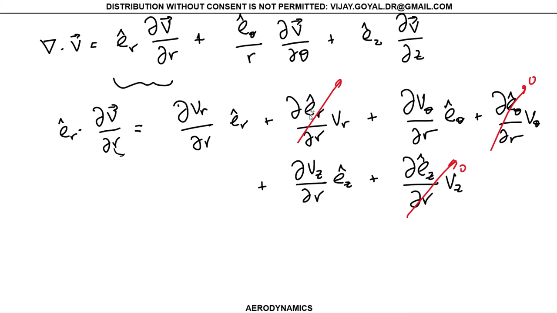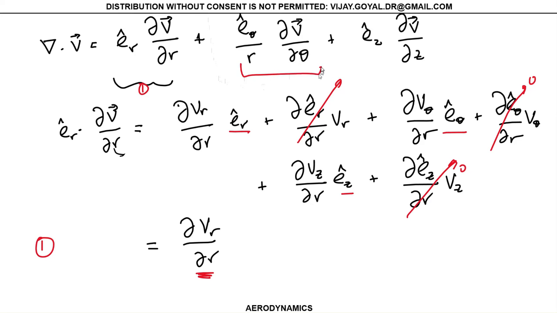I'm left with this term and this term. So if I take the dot product of all this, the only term that remains non-zero will be the following: v_r dr. Okay, so this is the very first term. Term number 1 is equal to this.